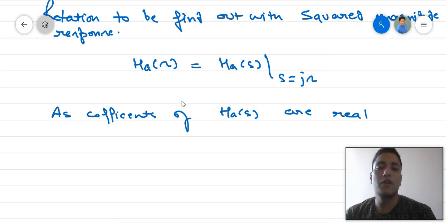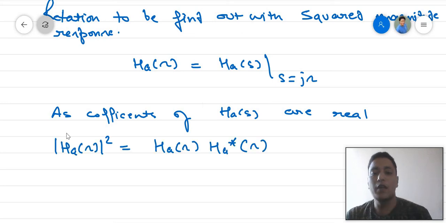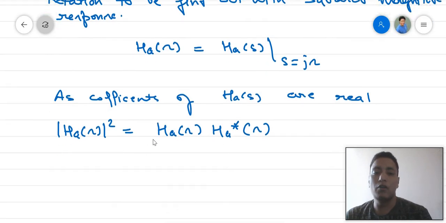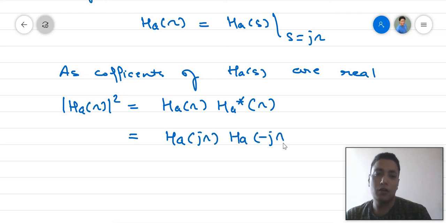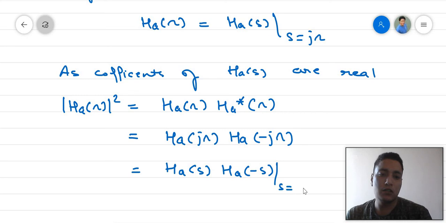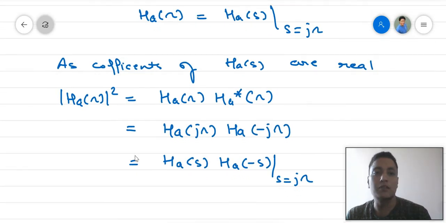As the coefficients of HA(s) are real, we can write HA omega squared will be equal to HA omega multiplied with HA conjugate omega. Now if we write in terms of j, then it is easy to understand that this is HA(j omega) and this is HA(minus j omega). Then we can write this as HA(s) and this as HA(minus s) for s equal to j omega, as we know.